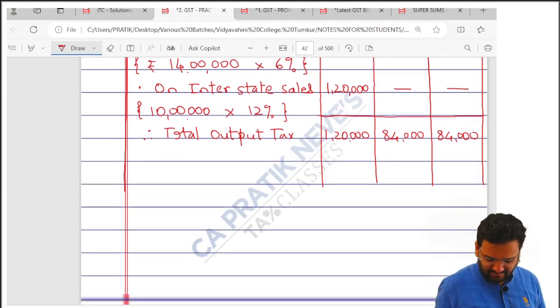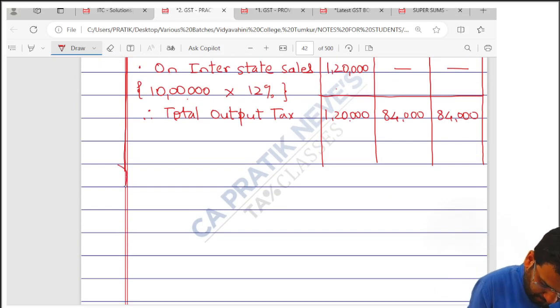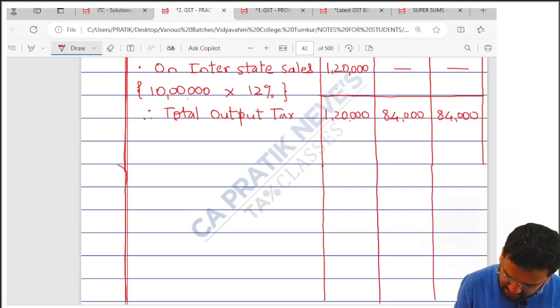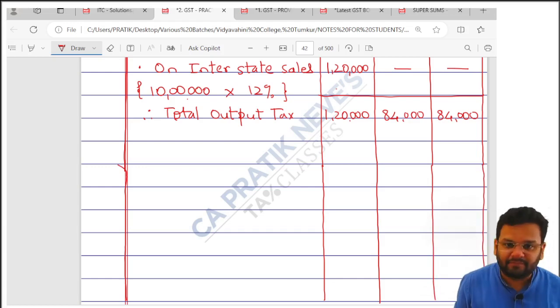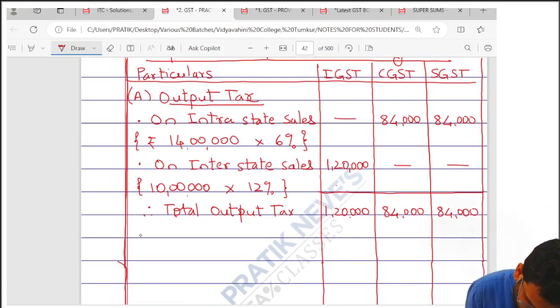Use your input tax. So which ITC you will use first? Less input tax credit.